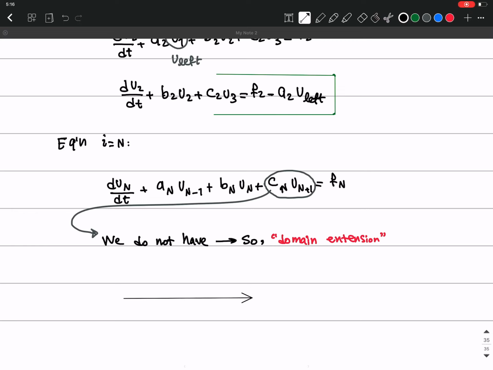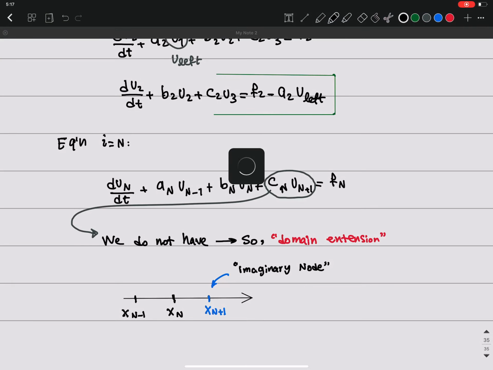We have three points here: this is x_n, this is x_{n-1}, and this is the extra point that I'm going to add, which is x_{n+1}. This is kind of an imaginary node. Depending on the literature, they might even call it a ghost node.